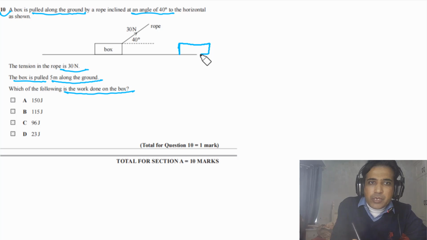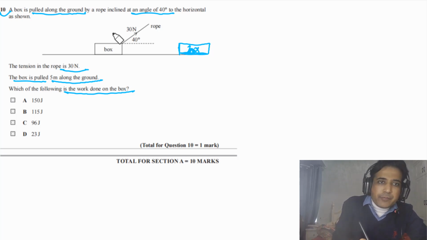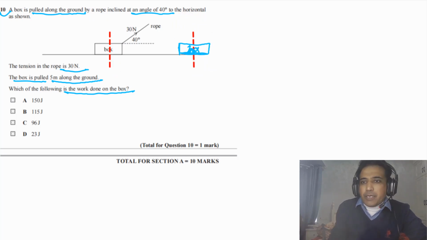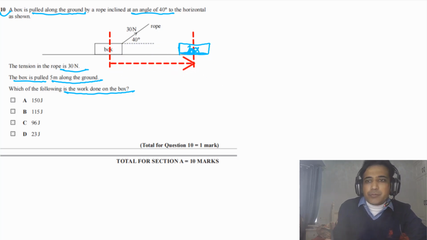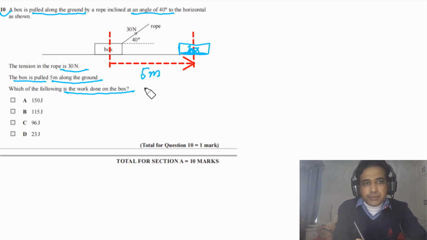This one is the box, and the box has been moved by 5 meters, so we can draw one line here, and the distance between these two lines is 5 meters. So we can label this distance as 5 meters.